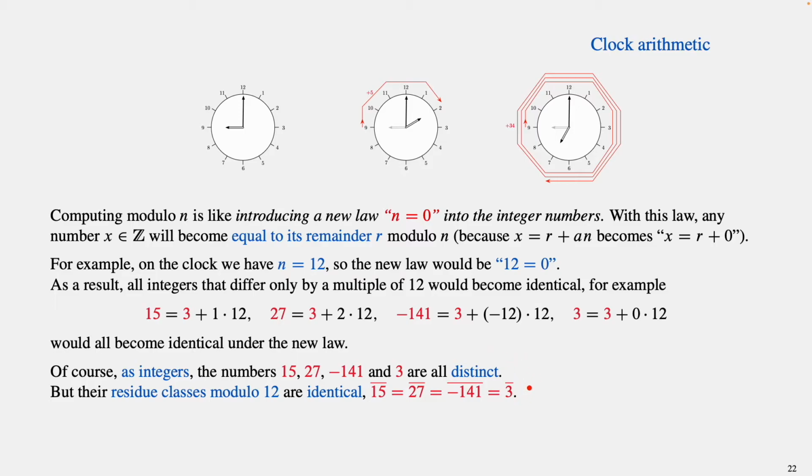And so it makes sense to take these residue classes as the elements for this new arithmetic where n equal to 0, or 12 equal to 0 in this case, holds.